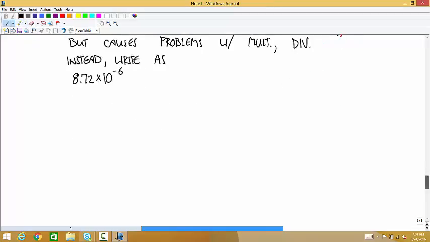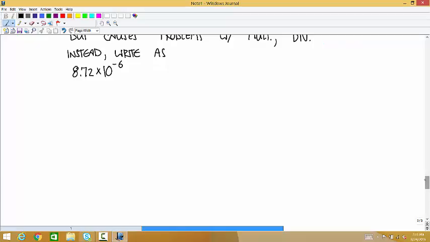Okay, the last thing that I want to talk about with units and stuff is prefixes. And I'm just going to give you a list of the most common ones. The prefixes I'm going to talk about are micro, milli, centi, kilo, and mega.